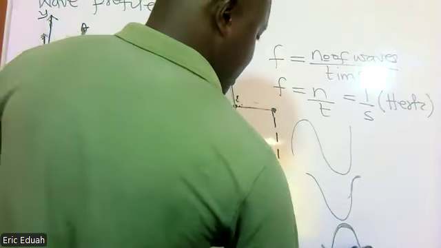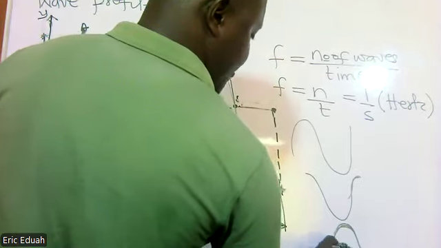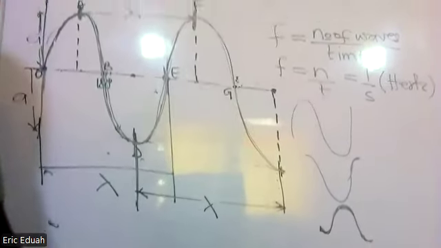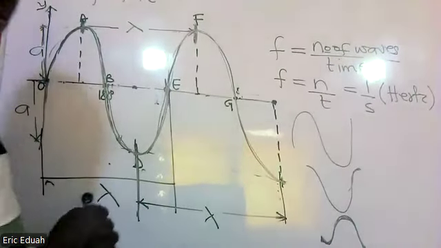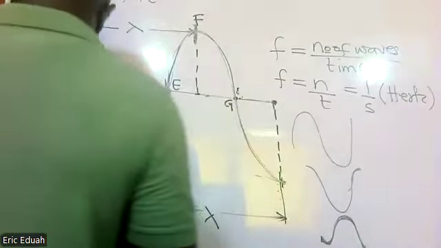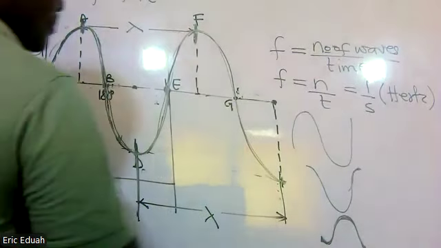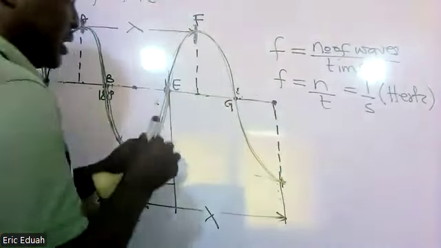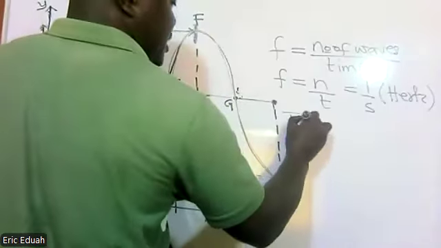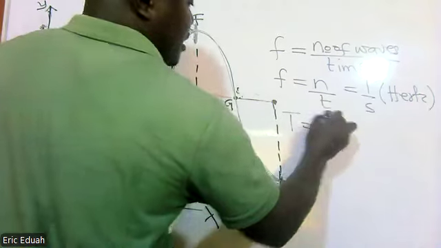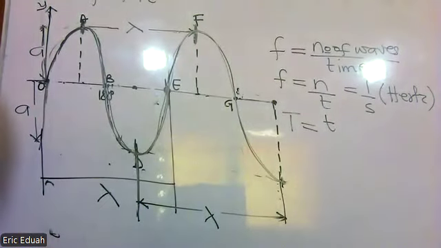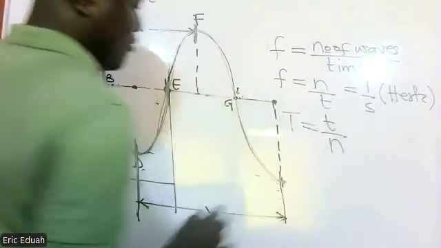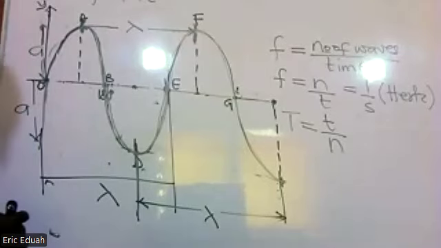Any time to make a complete wave whose shape is like this is what we call a period. Period is represented by capital T. So capital T is equal to the total time divided by the number of complete cycles.